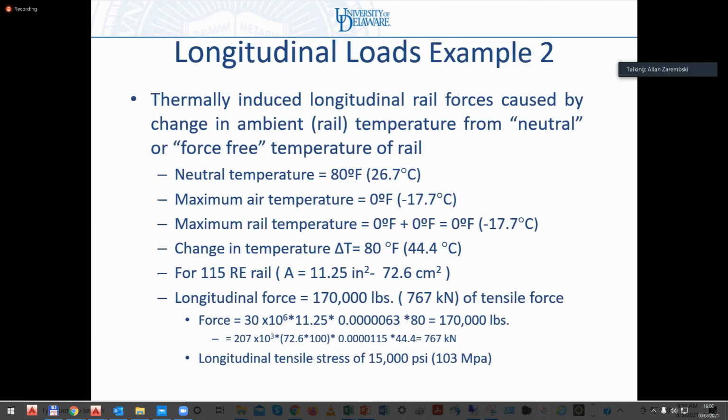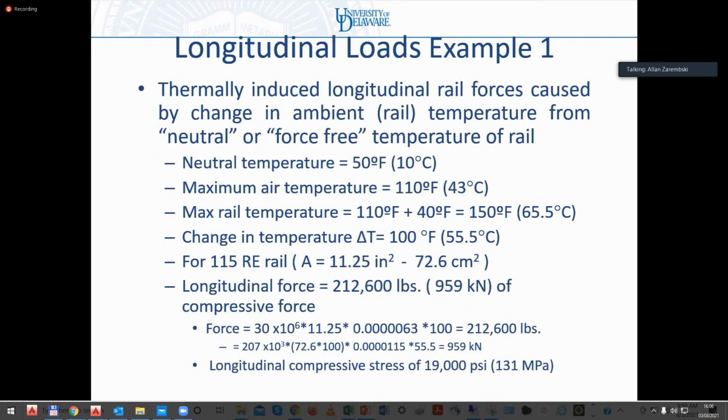So are these the examples you said you were having some problems with, example 1 and 2? Yes, not the numbers, but the pounds and the kilopascal and everything. When do we have to use what?